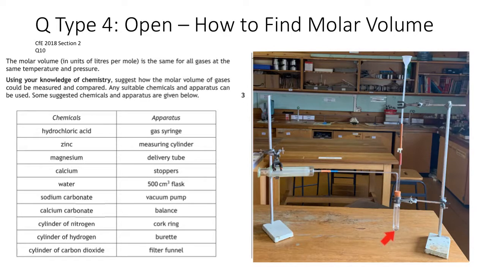So from a known mass, which we can then calculate moles, we know how many moles of gas should be produced, and we have a volume linked into that number of moles.